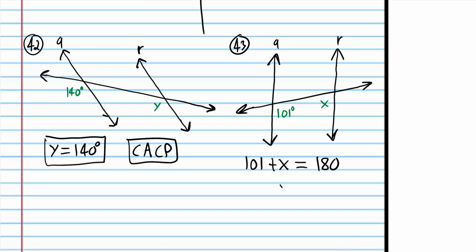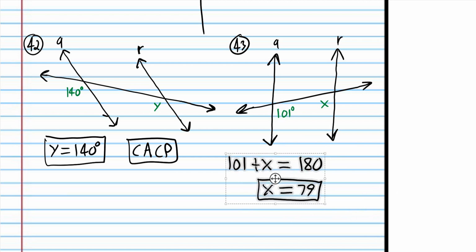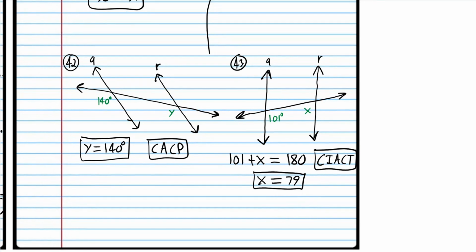Subtract 101 from both sides, and you get 79. By the way, I forgot to write the assumption for that. That's the consecutive interior angles converse theorem. So if you got that answer, good job.